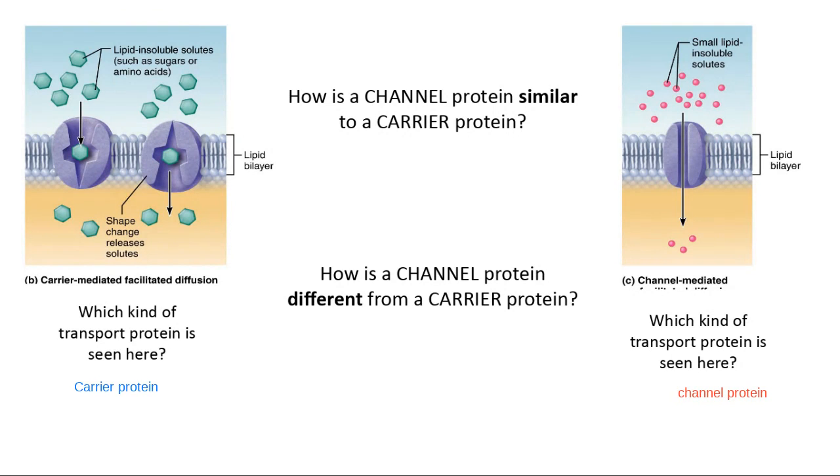Channel proteins don't attach to what they move. So we can see in our picture over here, my channel. That channel is the passageway for the molecules on the outside to sneak inside. Channel proteins are not attaching to what they moved.